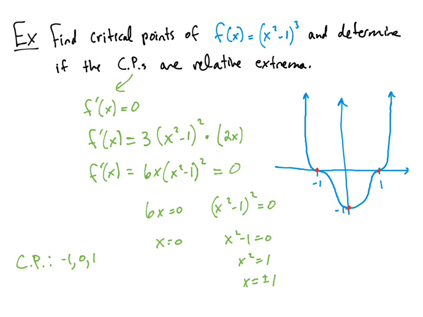Are any of these 3 values relative extreme values? Well, when x is equal to -1, and when x is equal to +1, neither of those are relative max or relative min values.